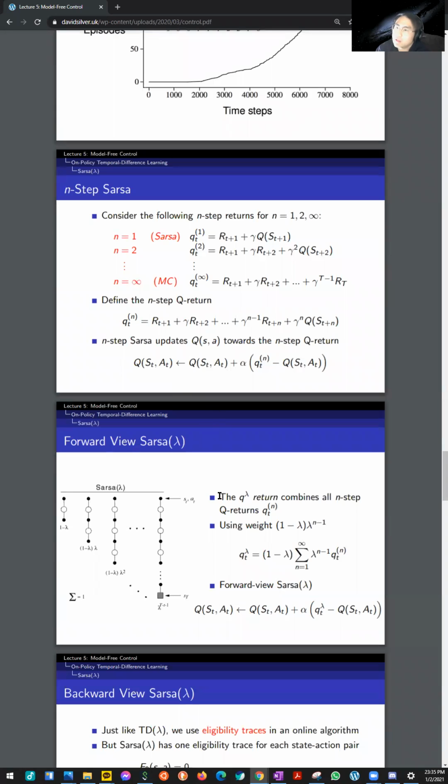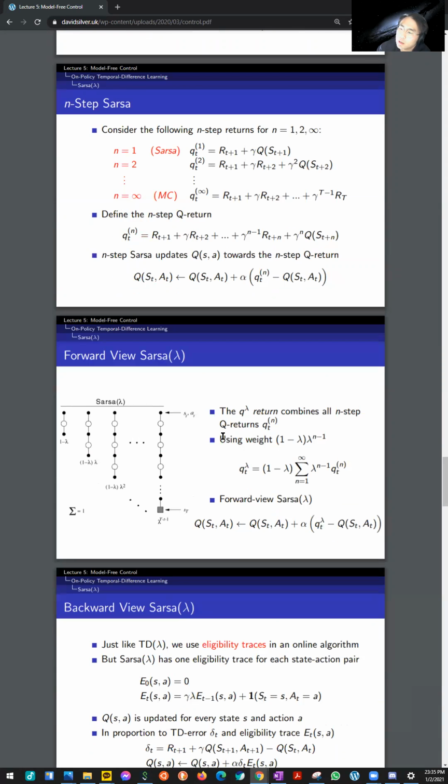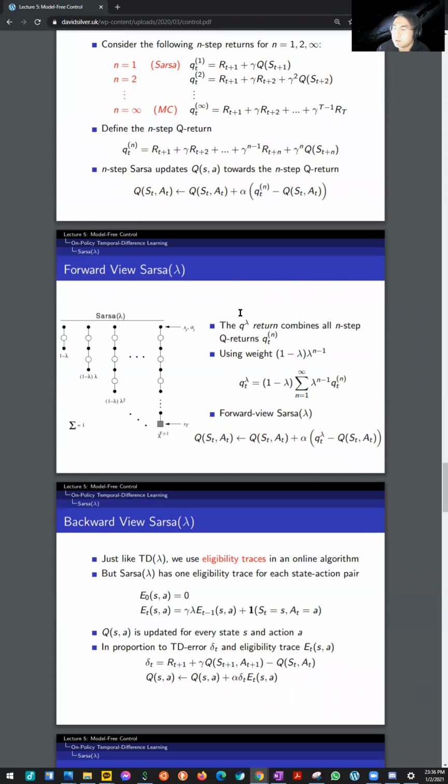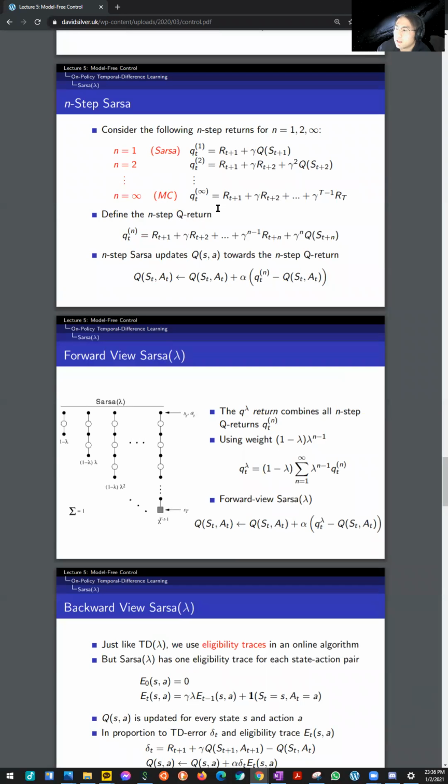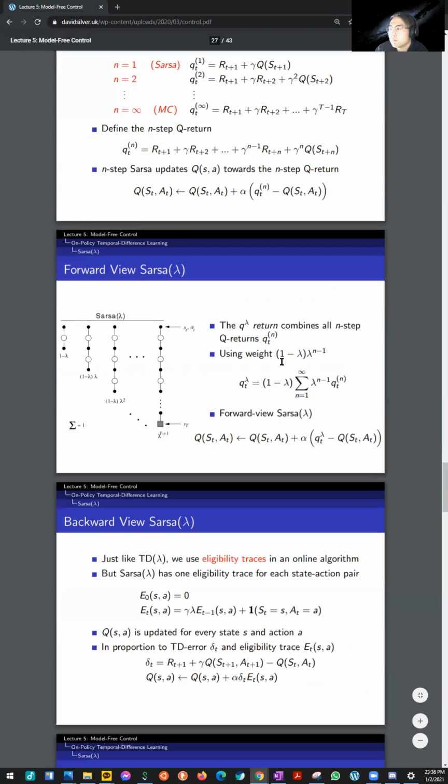Rather than that, as we went over before, we introduce the lambda concept along with n-step, which means that this lambda, a hyperparameter, is basically controlling the bias and variance between SARSA and MC. In other words, it's about the specific implementation. There are 2: forward view SARSA and backward view SARSA.